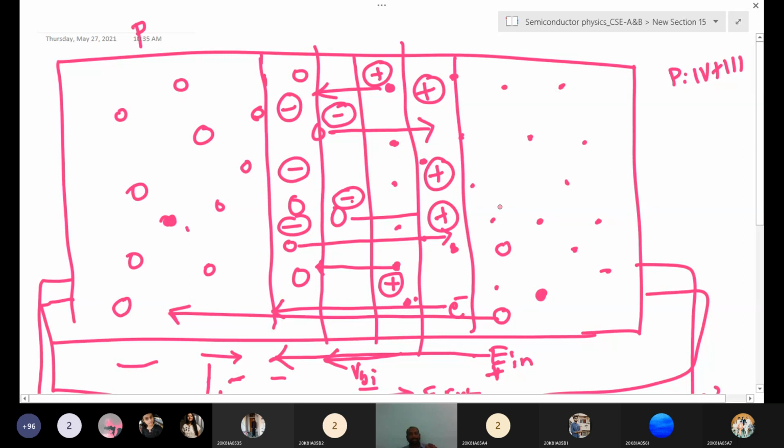Only minority charge carriers move from one side to the other. Because the minority carrier electrons drift from P to N, they become majority carriers there. So because of this extended internal electric field, we are reducing the recombination losses.